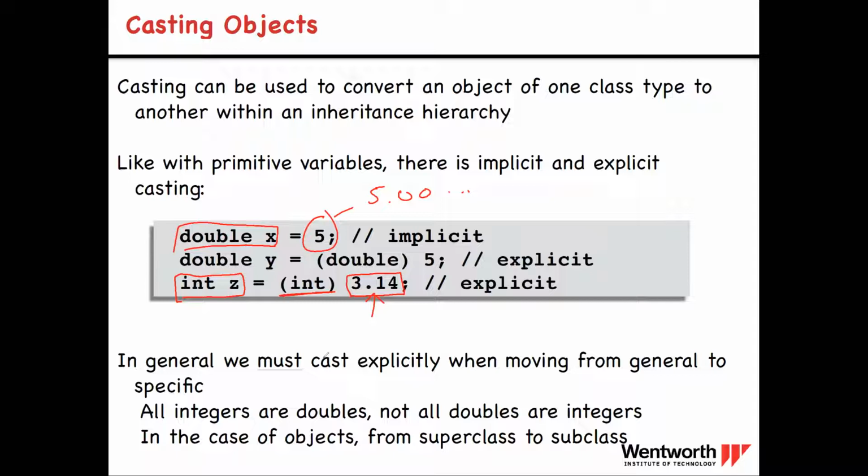So in the case of objects, for the superclass, the supertype is more general than the subtype. Pet is more general than Dog. Pet is more general than Cat. So when you go from general to more specific, you must do a cast, and that's something we're going to see coming up soon.